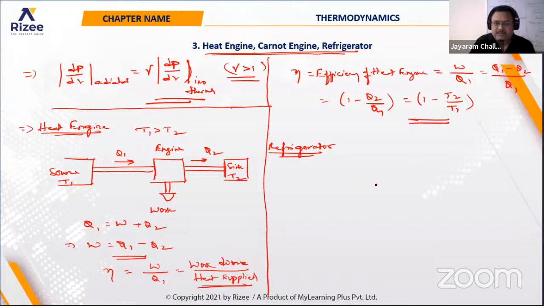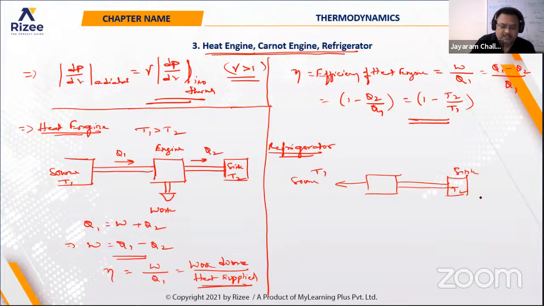The working substance is going to take the heat from the sink, which is at the lower temperature T2, and divert it towards the source, which is at the higher temperature T1. So heat Q1 is going to be taken out.